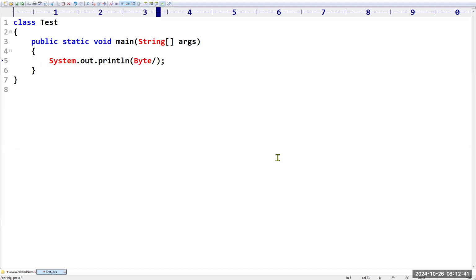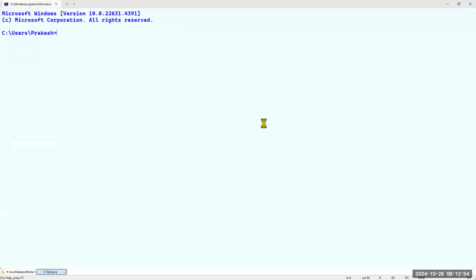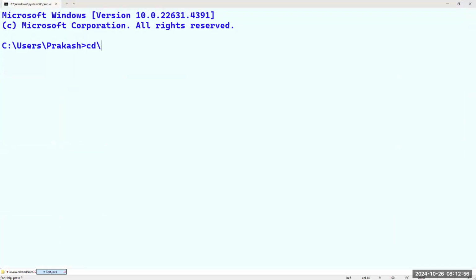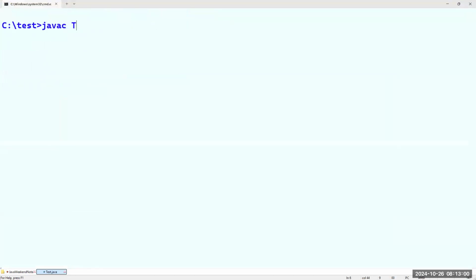I'm taking Byte.MIN_VALUE and similarly Byte.MAX_VALUE. If you run this program, we will get the minimum value and the maximum value of byte. All this procedure I will explain tomorrow.